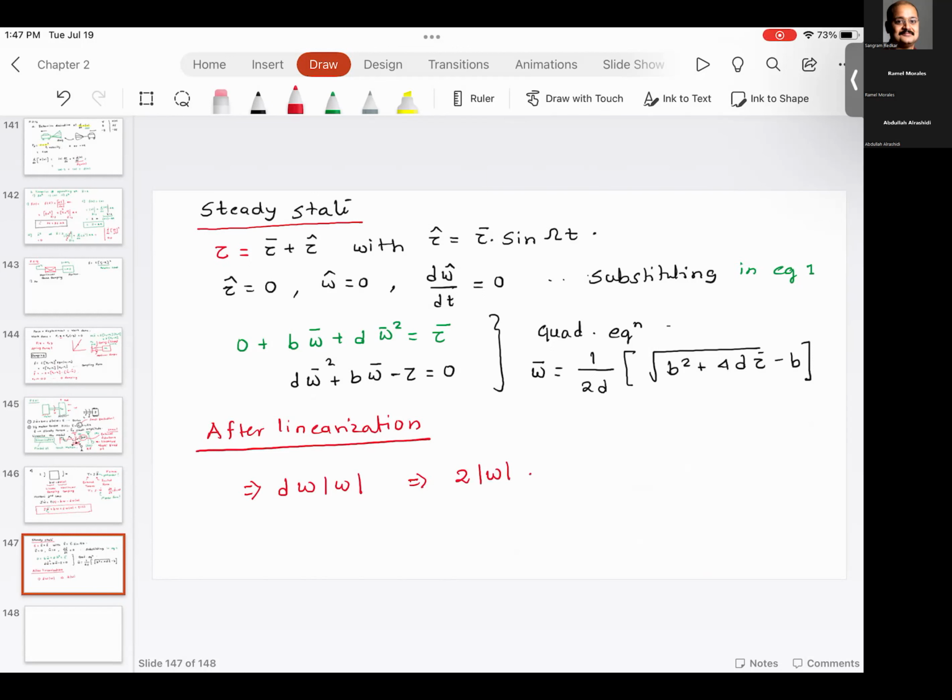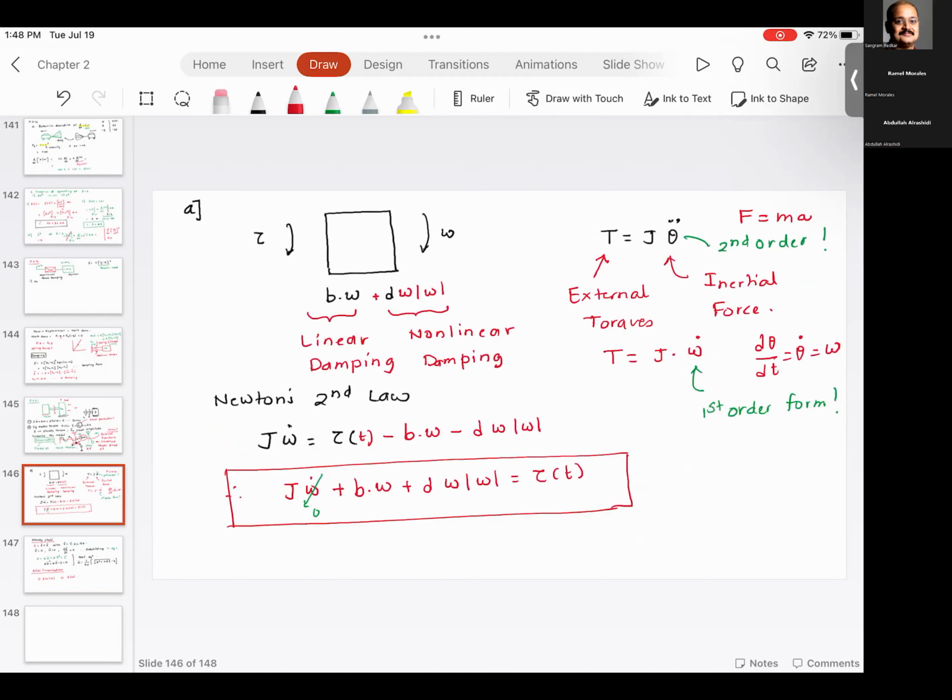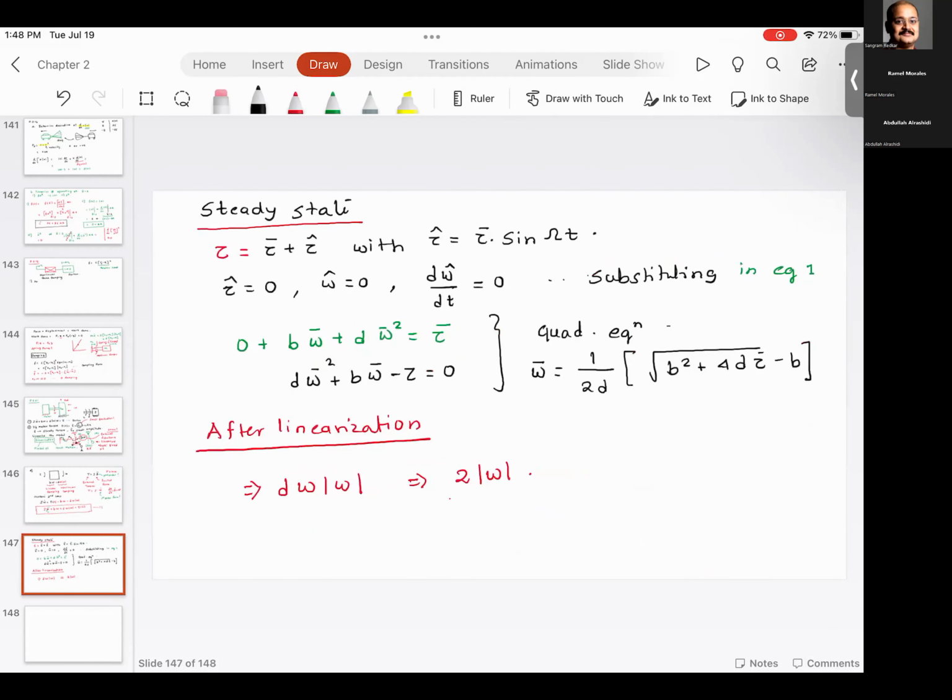So what that means is I can rewrite this approximation in the very first equation that we have here.